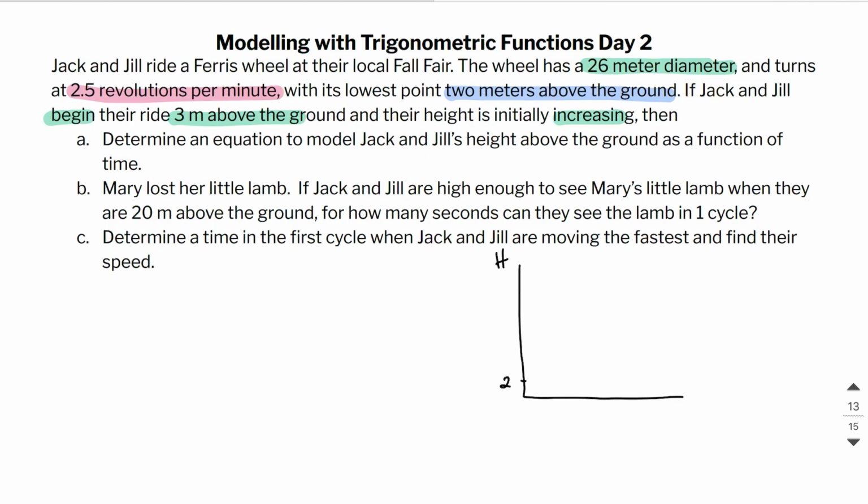We know that the lowest point that we are going to reach is at 2 meters. Okay, so we know that this right here is going to be our minimum. And then we also know that the diameter is 26 meters. So we also know right here that 26 above 2 will bring us to our maximum. So that tells us that our maximum is going to be at 28.